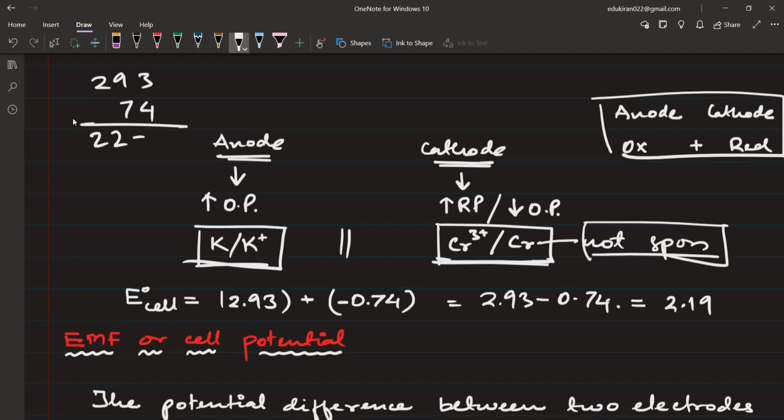Minus 1. Actually what we did was 290 minus 70, so 220 remains. 220 minus 1, I hope you can figure this out. Yes or no? 220 minus 1 is 219.